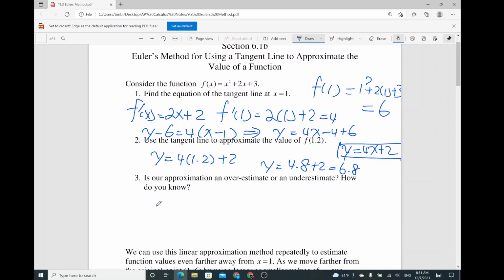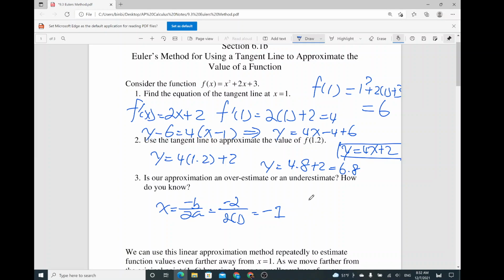The vertex is at x equals negative b over 2a for the original function, which is negative 2 over 2 times 1, so anything past negative 1, the curve is considered increasing. The one that we're using is at x equals 1. So anything past x equals 1, like 1.2, 1.4, getting further away, is going to be an overestimate.